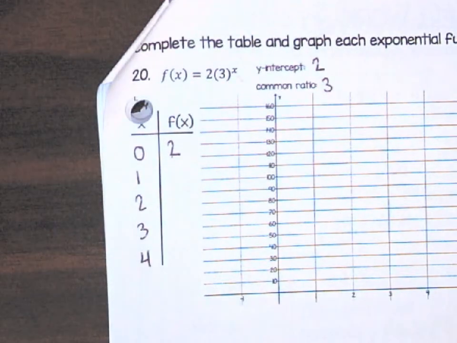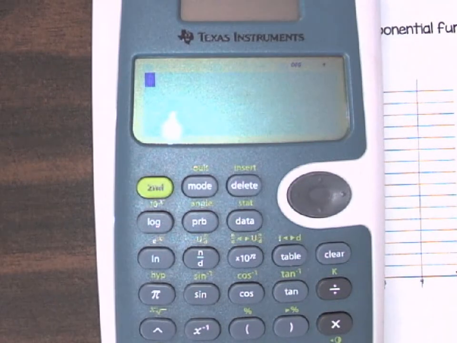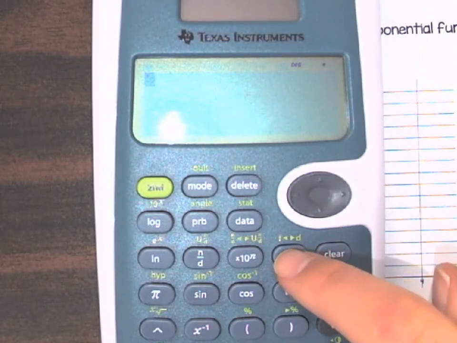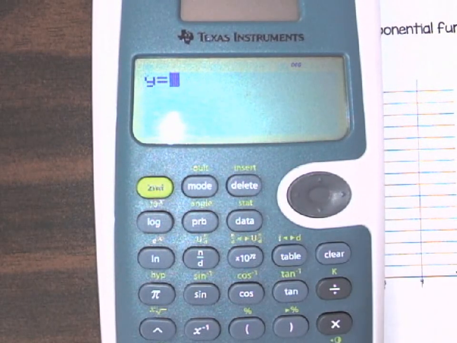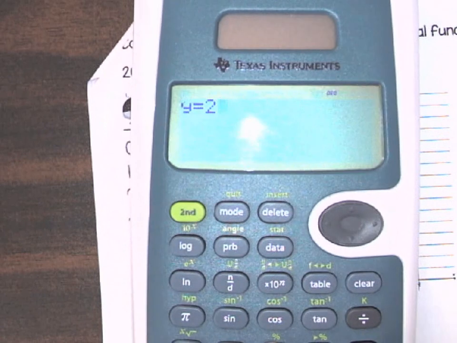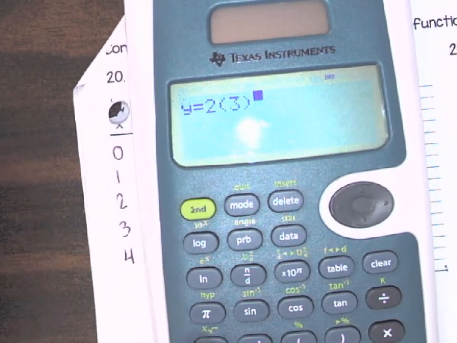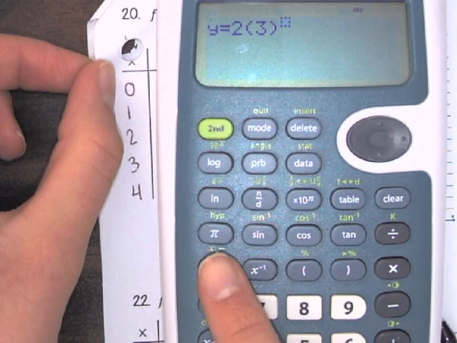Okay, we could plug each of these x values in, but I'm going to show you a shortcut. Remember this from Unit 4, we can do our table. If we press table, I'm going to clear that out, we can just type in this equation. So to do that, we had 2 times the 3 to the x power. So I hit the exponent button right here.